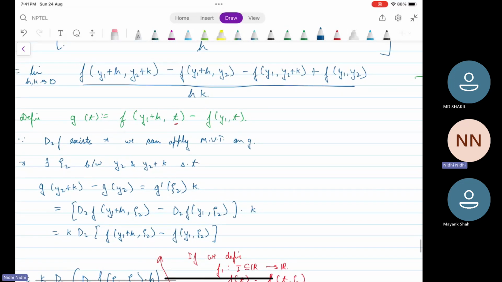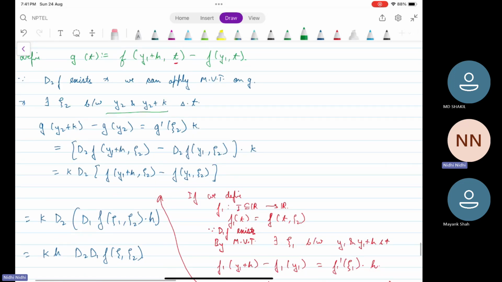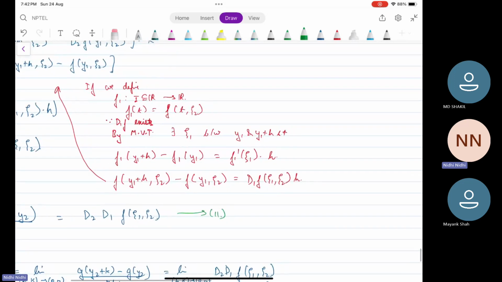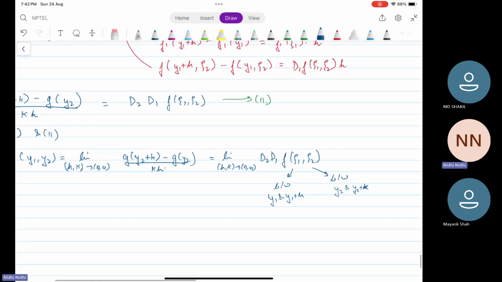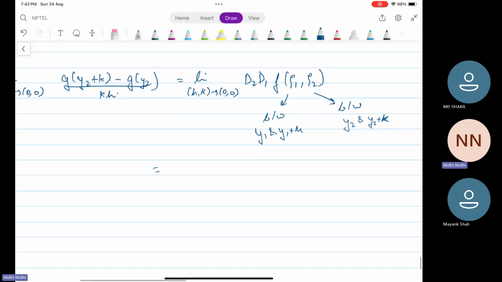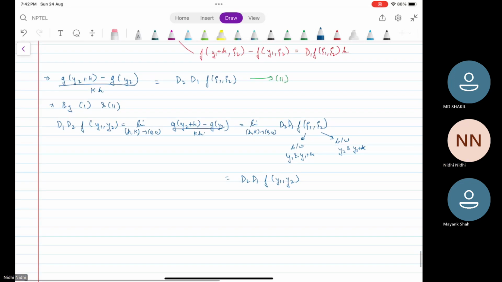If we take h and k to 0, this is nothing but d2 d1 of f at y1, y2, which we know exists.